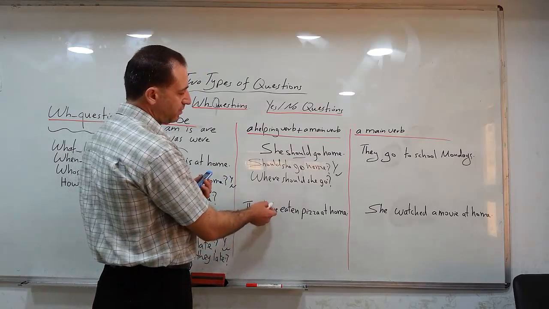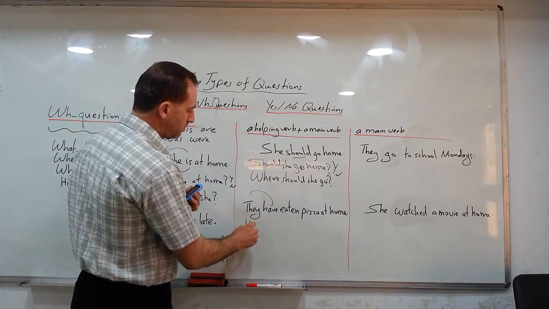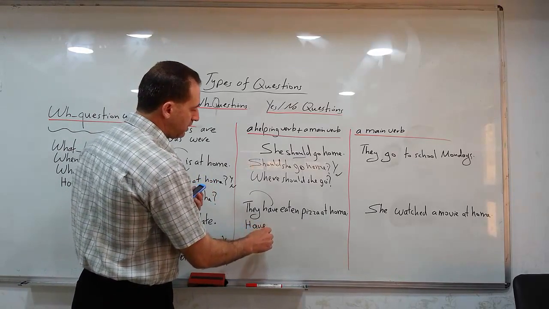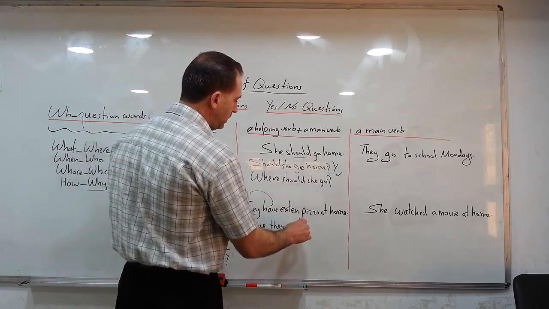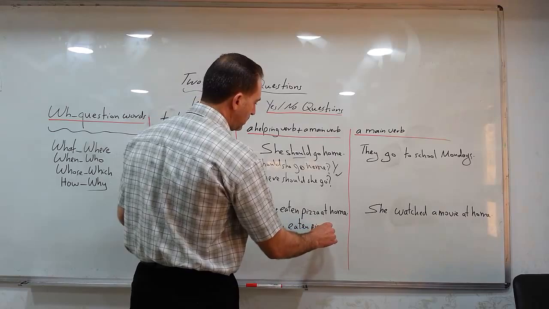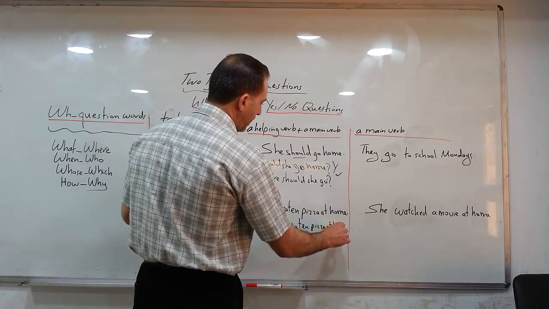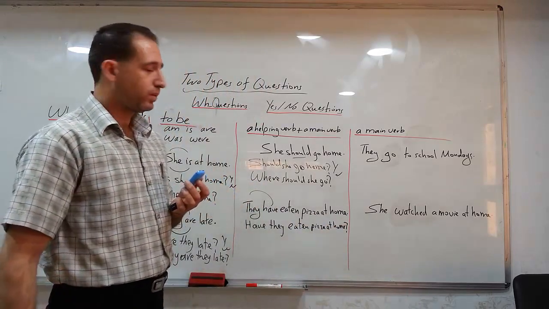Okay, they have eaten pizza at home. For the question, I take the first helping verb and put it before the subject. So, my first question is: have they eaten pizza at home? And there's another question.